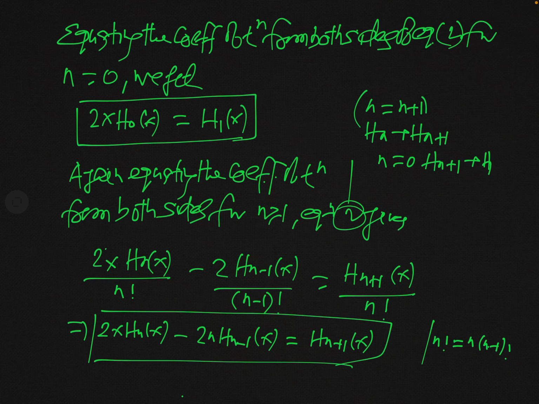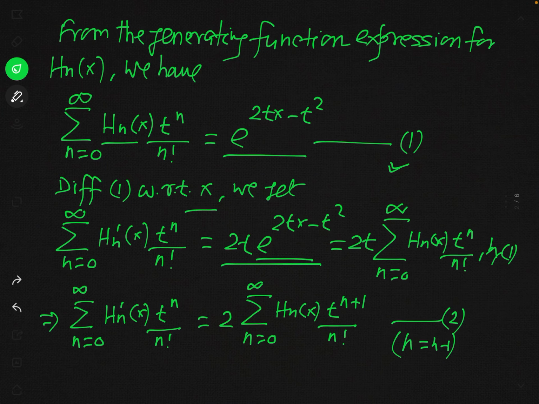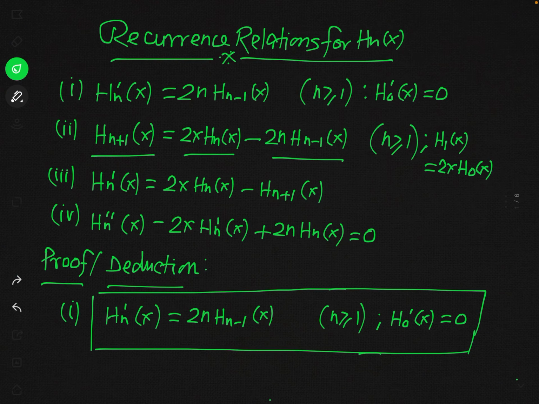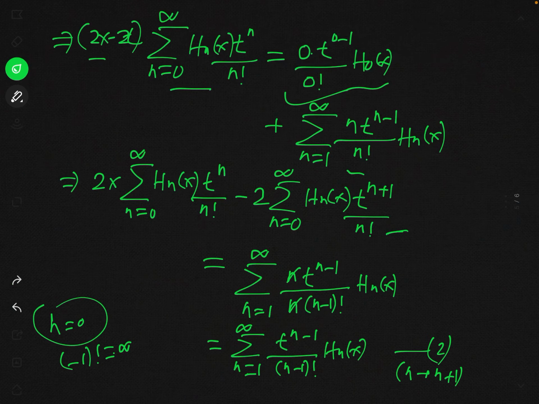Now we are going to prove the third recurrence relation. You can see here I have already mentioned the third recurrence relation. This is hn prime of x equal to this much. So I am again rewriting this third recurrence relation and then I will prove it.